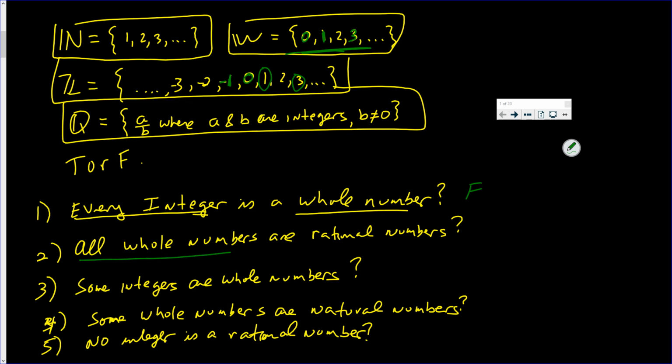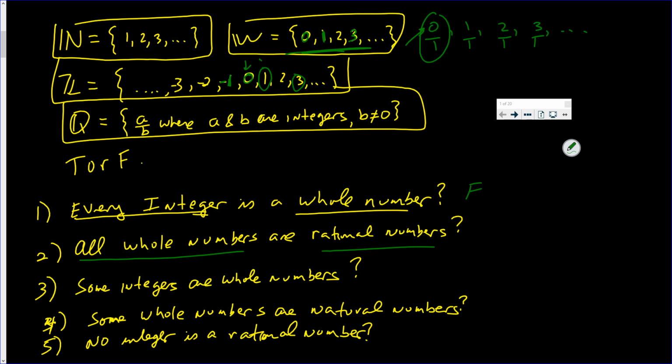It says all whole numbers are rational numbers. Well, remember, a rational number is the division of 2 integers. 0 and 1 and 2 and 3, etc. Those are whole numbers. But you know what? If I divide them all by 1, that's a rational number. The top number is an integer, I know it is because there's 0 right there.